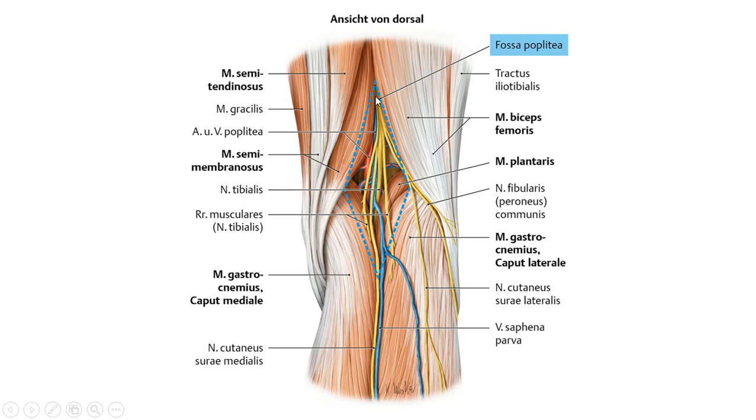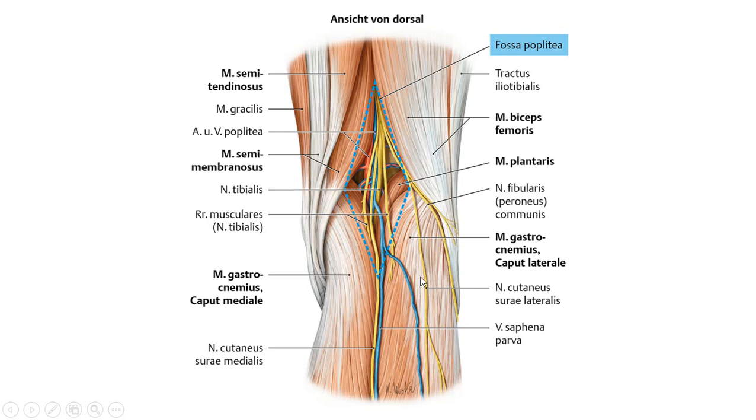Here we can see that the upper medial margin will be bordered by the musculus semitendinosus and musculus semimembranosus. The upper lateral margin forms the musculus biceps femoris, and the inferior margins are made of the caput laterale and caput mediale of the musculus gastrocnemius, right?